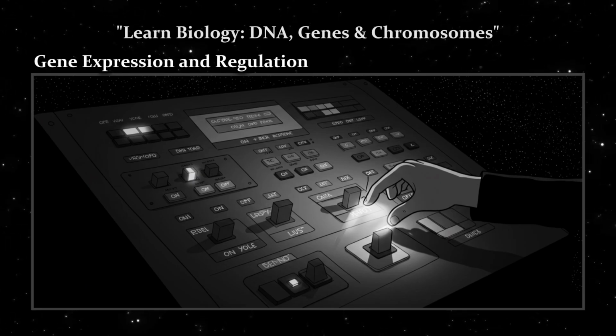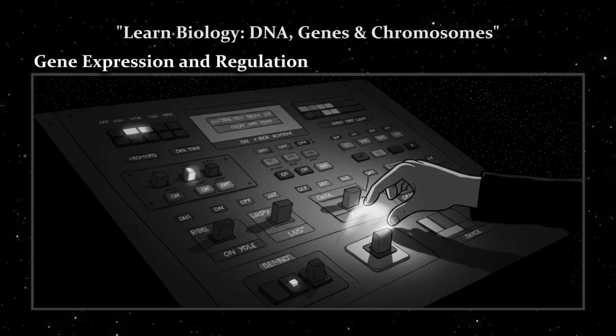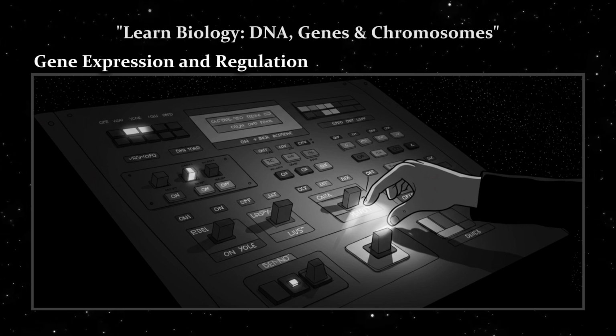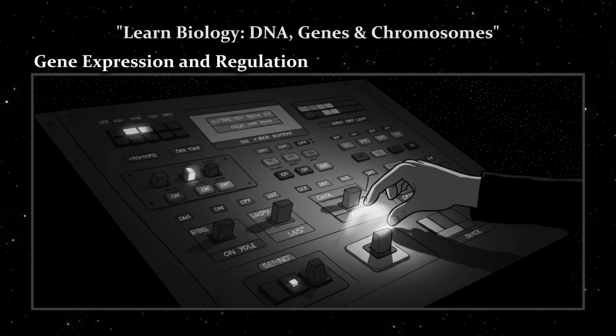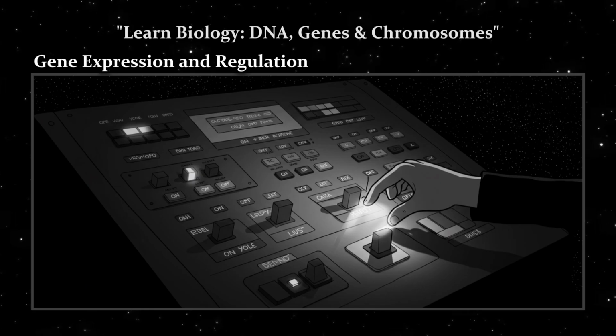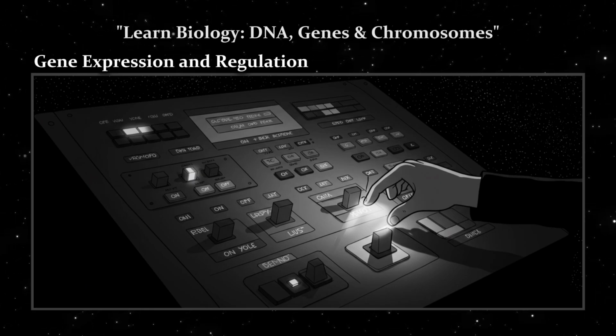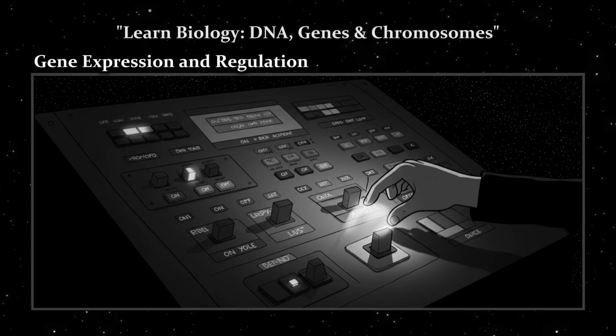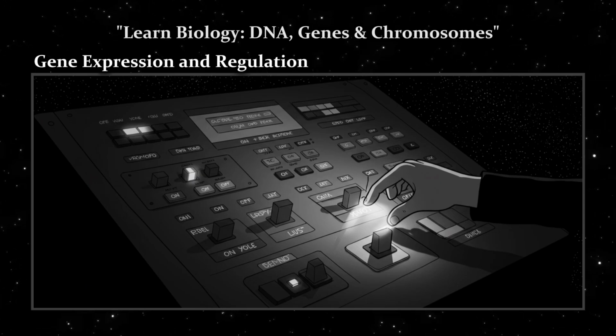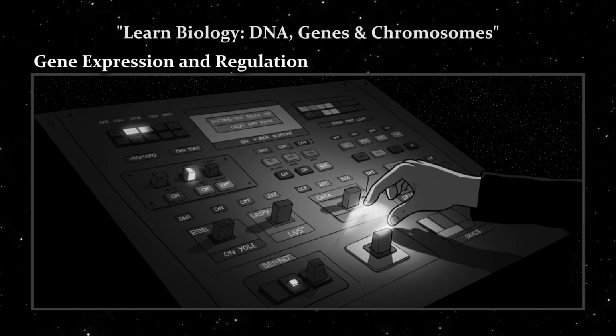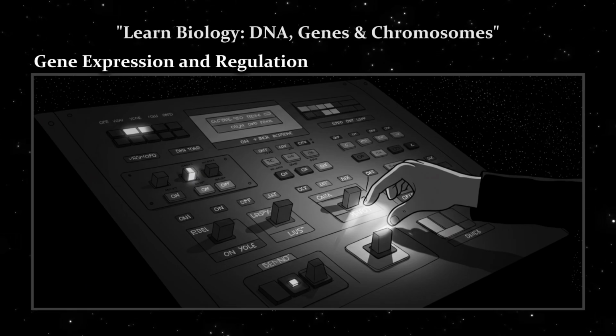To return to our cookbook analogy, every cell has the complete 10,000-page cookbook. Gene regulation is the chef, the cell, deciding that tonight we will only use the recipes from Chapter 4, the skin recipe, and we will ignore all the recipes from Chapter 1, 2, the brain recipes.